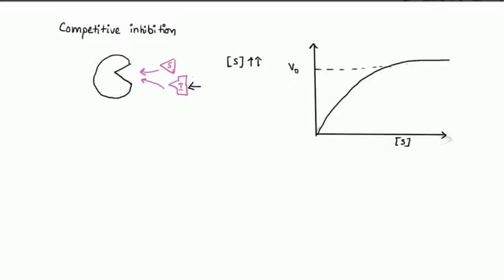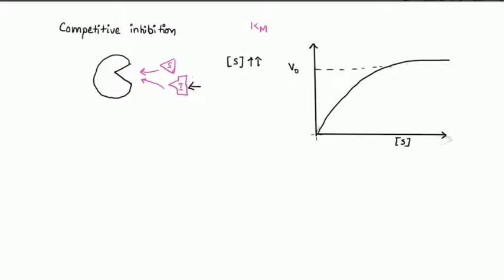And when the inhibitor is added to the solution, what would happen? The Km, the substrate concentration at which the velocity is half of the maximum velocity, would increase, because some of the inhibitor is binding to the enzyme, and to get rid of that, we are increasing the substrate concentration.